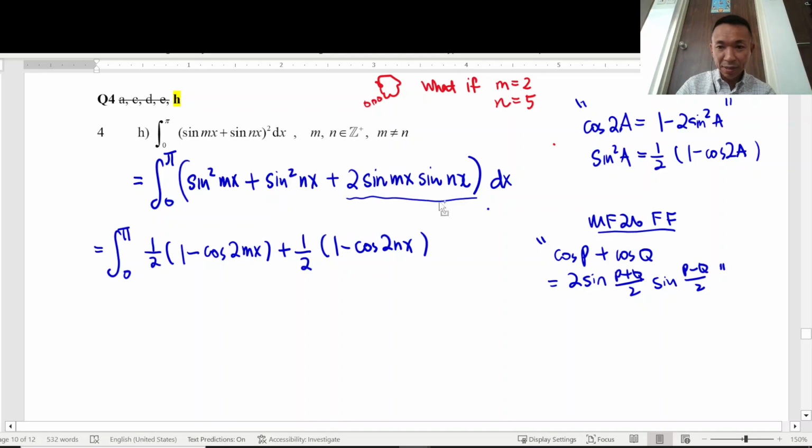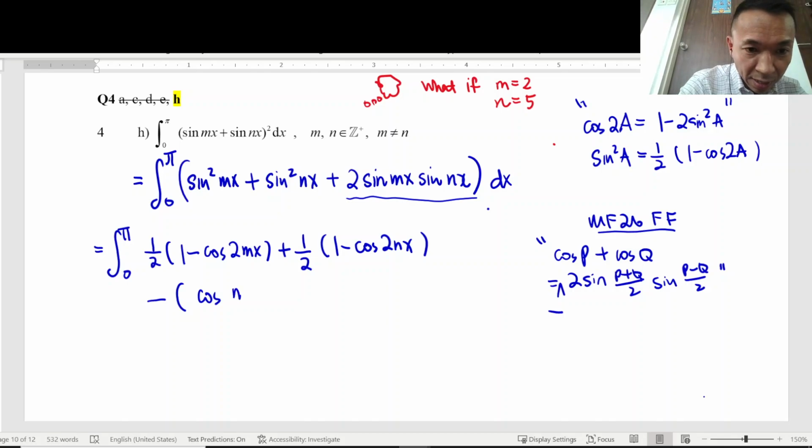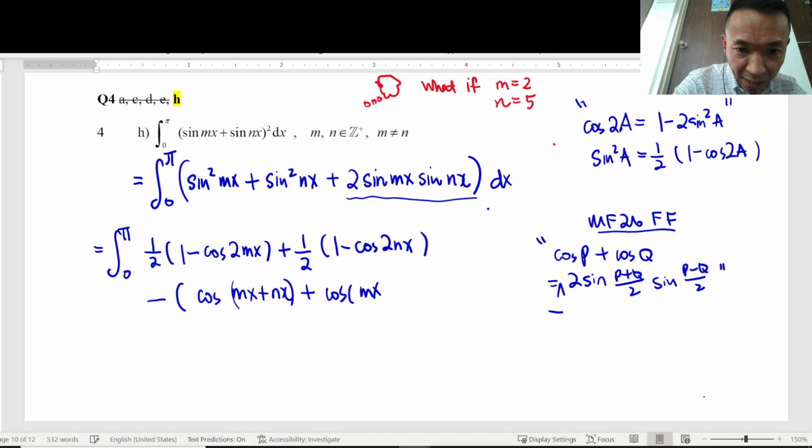So if this is sine times sine, p is actually this plus this, and q is actually this minus this. So I'll get a, sorry, I beg your pardon, there's a negative sign missing. So therefore it's a minus away. Cosine mx plus nx plus cosine mx minus nx.